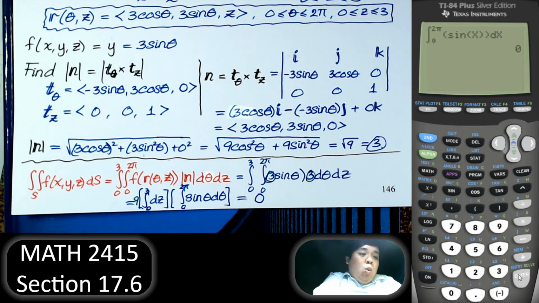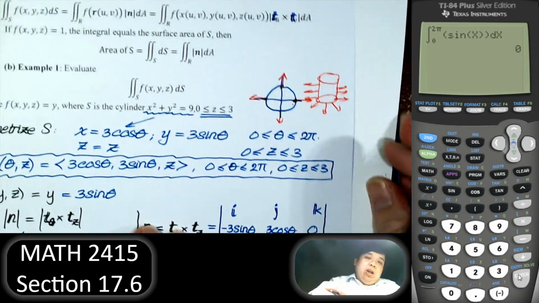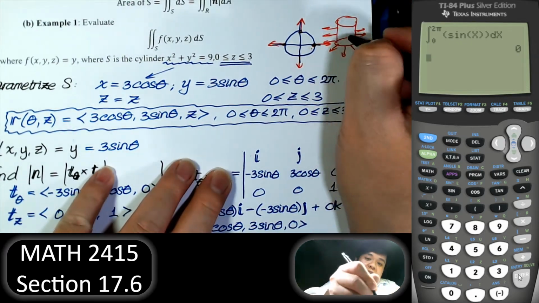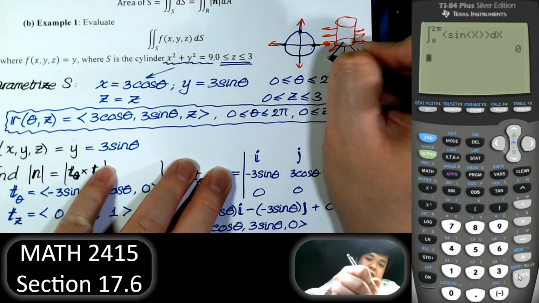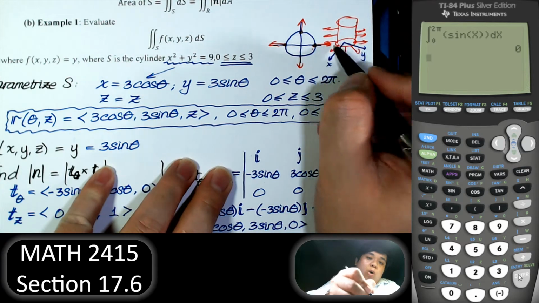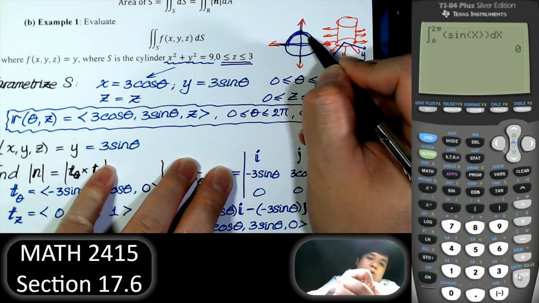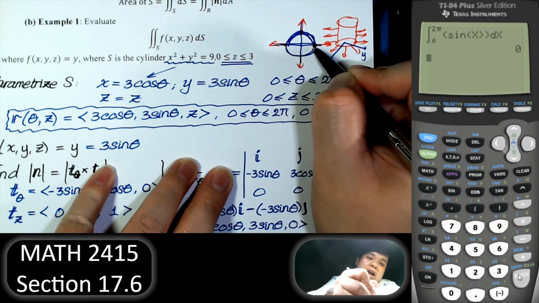Right. So why is this mass equal to 0? If we talk about the mass, the density function, by the way, this cannot be a mass because density function is not supposed to be negative. Remember, we talk about a cylinder. This is the x-axis, this is the y-axis, or if we look at the circle, this upper half y is positive, this lower half y is negative.